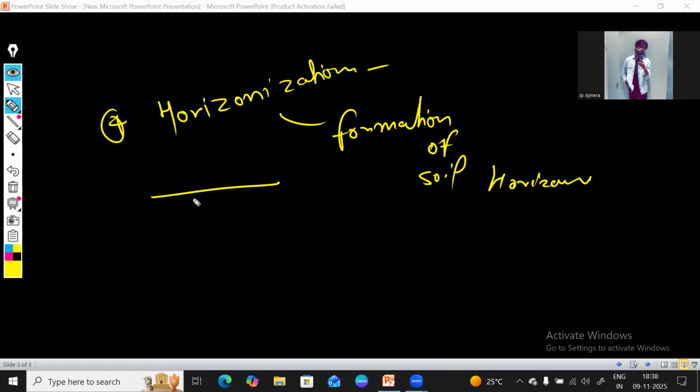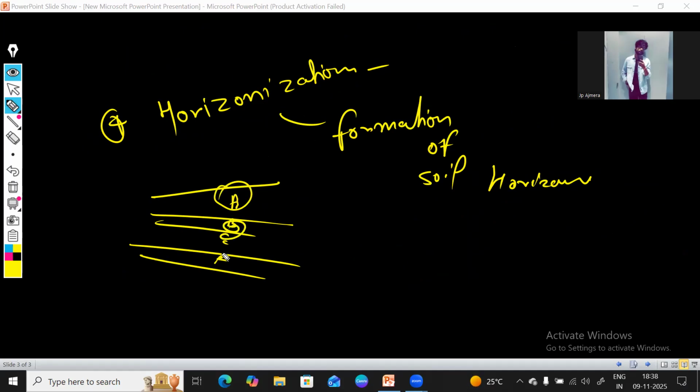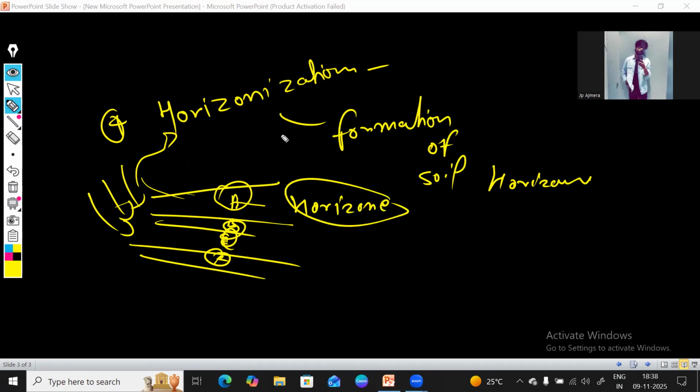We already discussed that in the soil we have different layers: A, B, C, R. These layers are formed after weathering happens, then the soil forming process happens. The process of forming these layers is known as horizonization. These layers are known as soil horizons. So formation of horizons is known as horizonization. I hope it's clear to you. It's a very simple one.